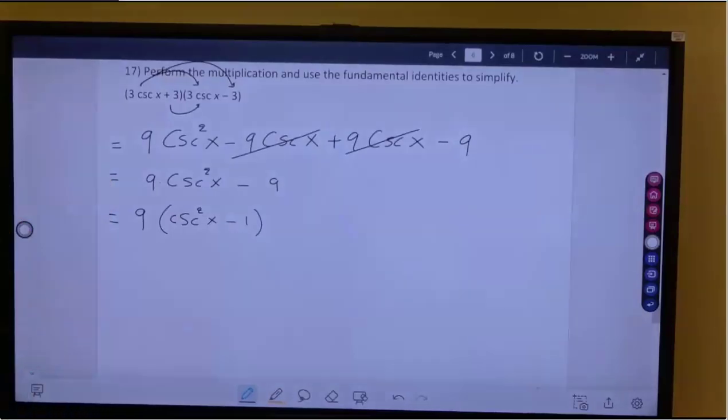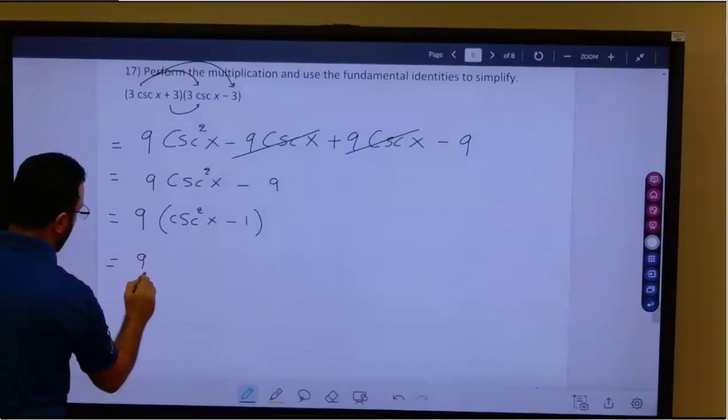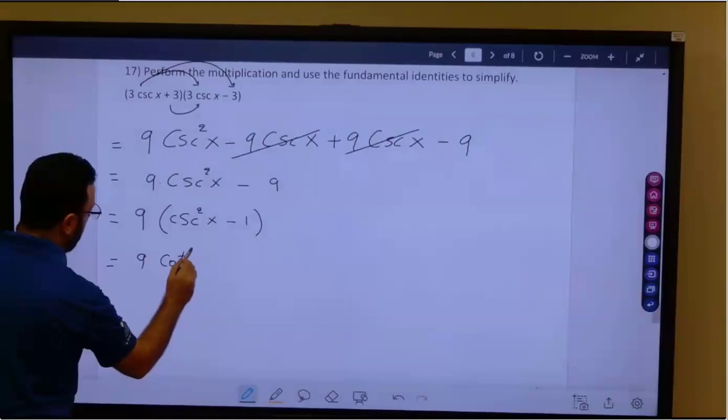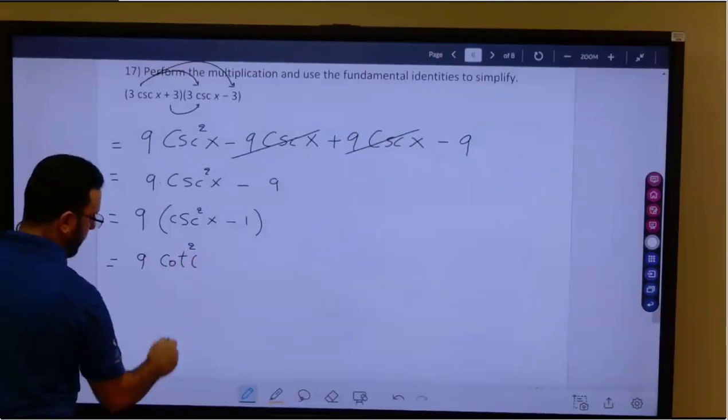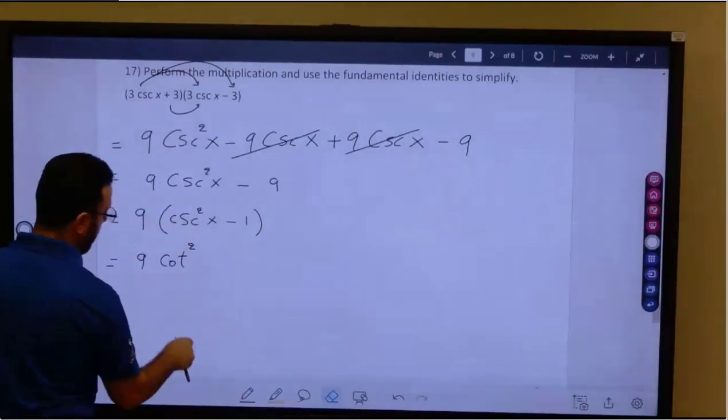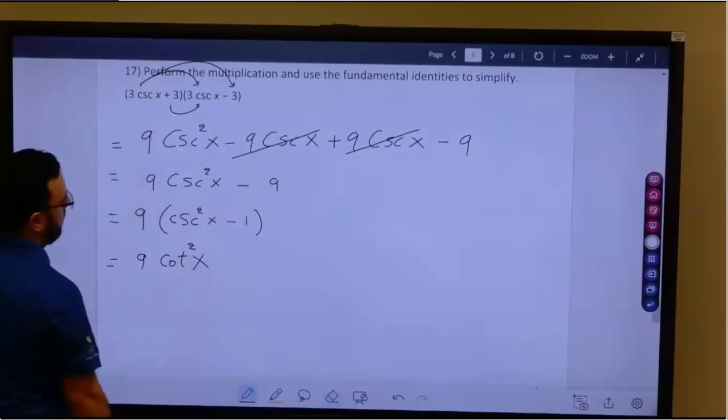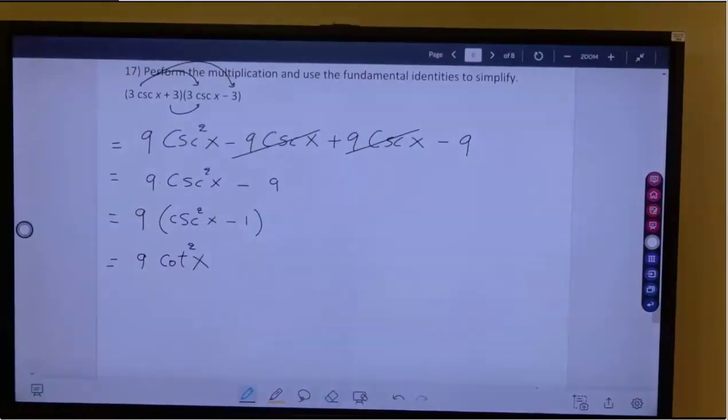Now, if you look, cosecant squared x minus 1 is going to be cotangent squared x. That means this is going to be 9 cotangent squared x. That's it. Let's go to the next problem.